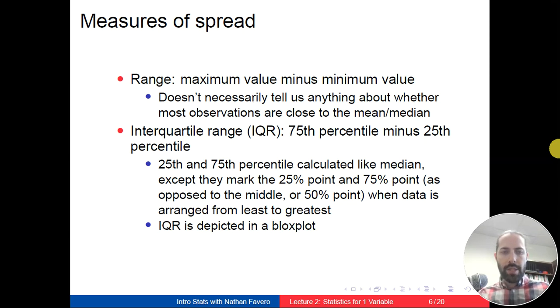Another thing to know about the interquartile range is that it corresponds directly to what we learned in the prior lecture with box plots. The box part has the median indicated in the middle, and the top and the bottom of that box are the interquartile range, the 75th and 25th percentile. And then the full range is the whiskers. So we see both the range and the interquartile range showing up on a box plot.